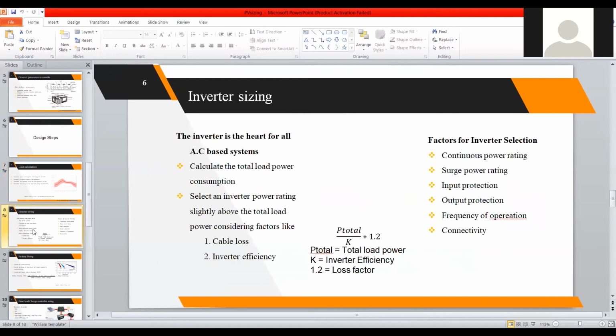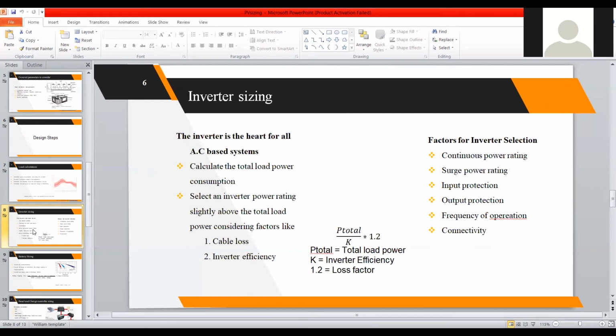So how do you size your inverter? You already know the total power that you've calculated from the load, and how many watts you have of the appliances. So that total power has to be handled by the inverter that you actually select. You find that the inverter is more of the heart of the system.